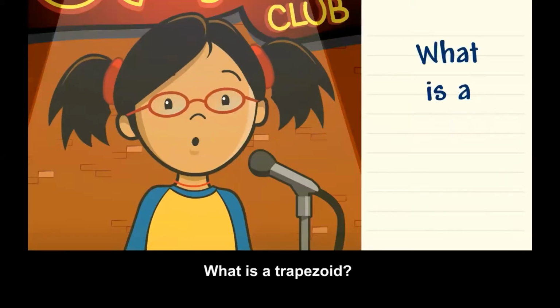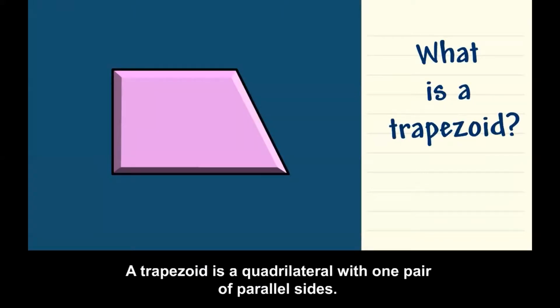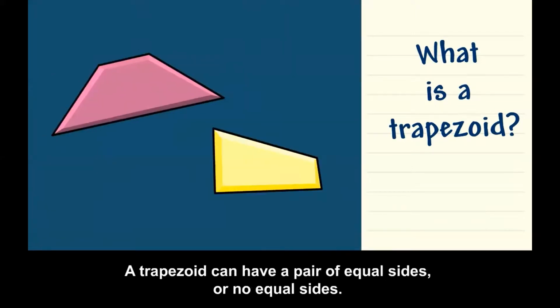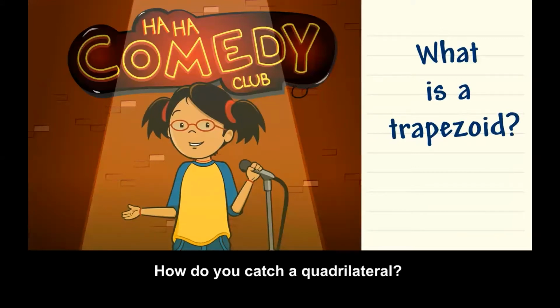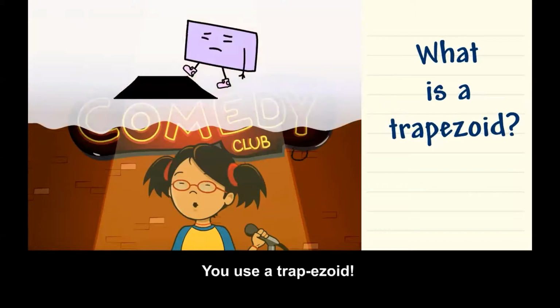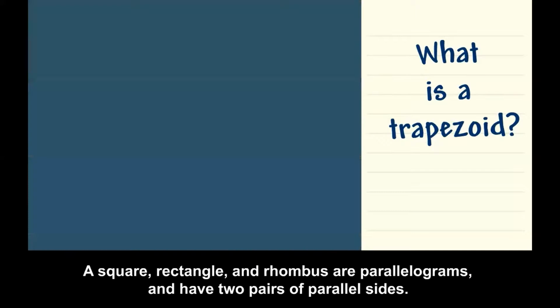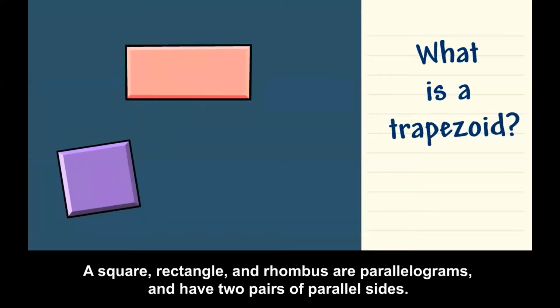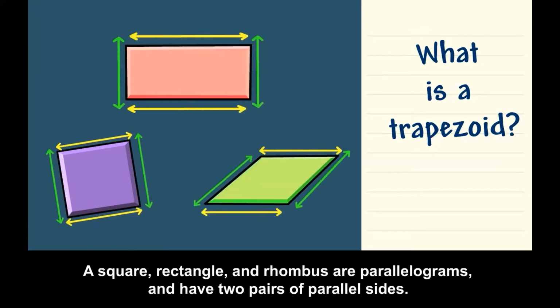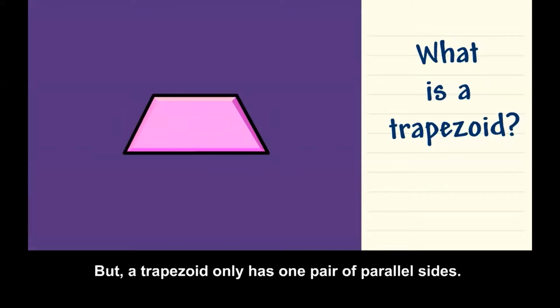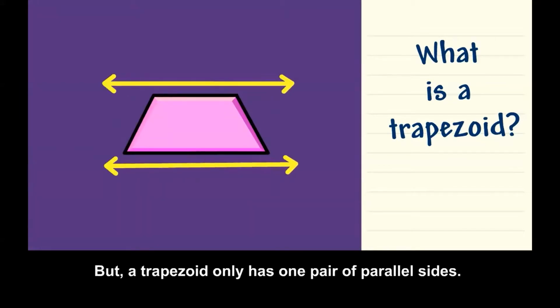What is a trapezoid? A trapezoid is a quadrilateral with one pair of parallel sides. A trapezoid can have a pair of equal sides or no equal sides. How do you catch a quadrilateral? You use a trapezoid. A square, rectangle, and rhombus are parallelograms and have two pairs of parallel sides. But a trapezoid only has one pair of parallel sides.